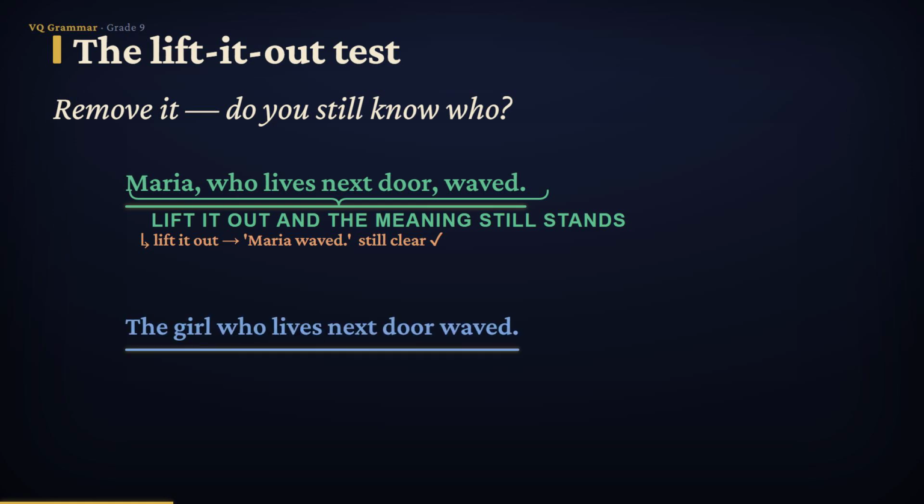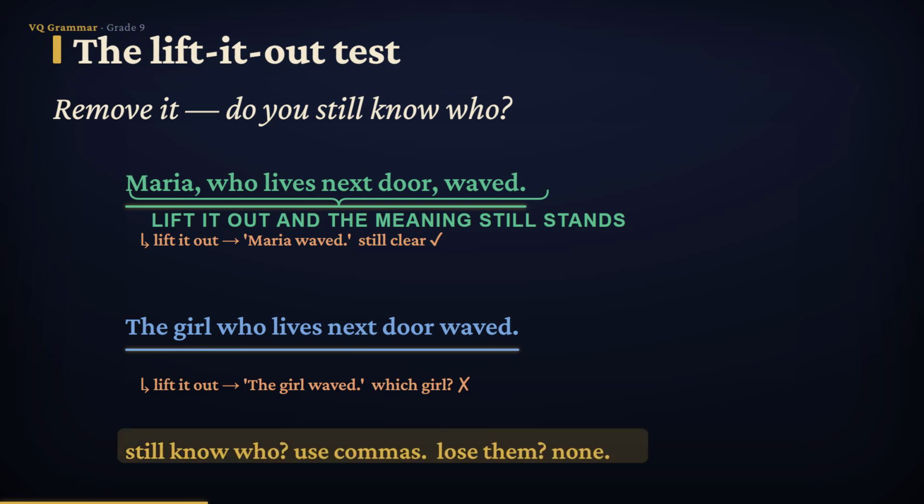The girl who lives next door waved. Lift out the clause and you have the girl waved. Which girl? We've lost the very words that told us. That clause is essential, so it takes no commas. So the question is always the same. After you lift it out, do you still know who?